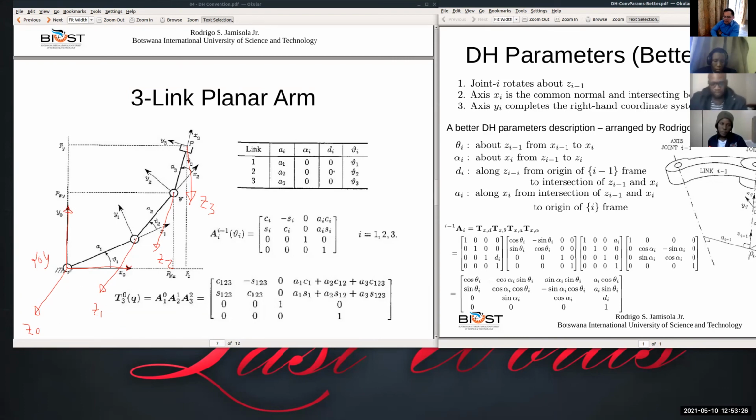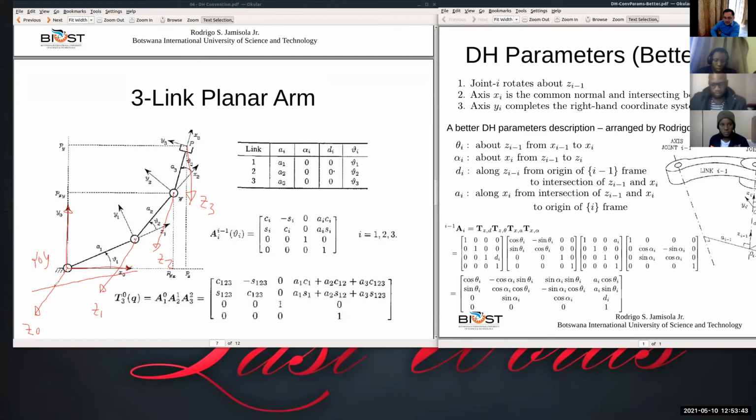So now we say that Xi, that means X1. We're looking for X1, intersecting both Z1 and Z0. So this is Z0 and this is Z1. It will intersect.